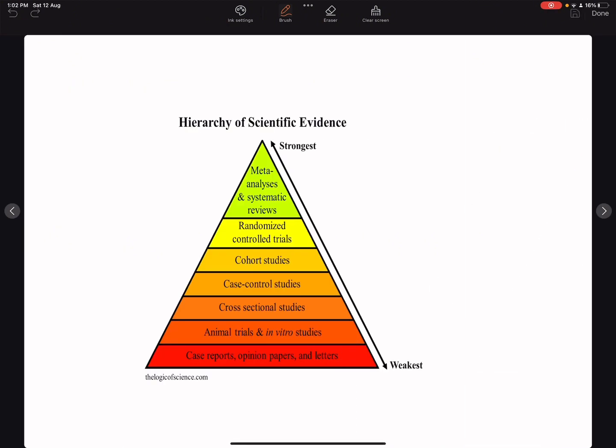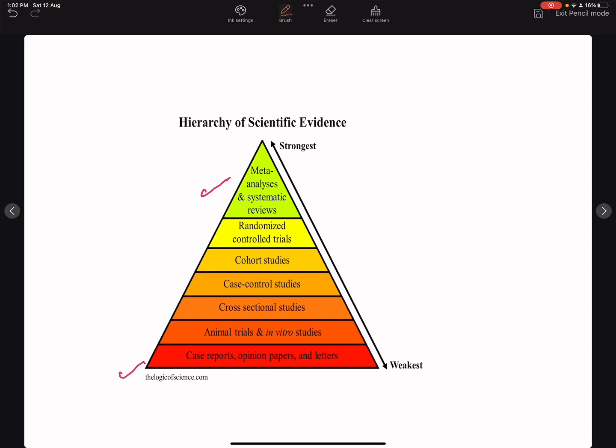Now let's shift to another important topic, which is study designs. In this hierarchy, you can see that on the top of the hierarchy we can find the meta-analysis, which is considered the best design of studies, while the base of the pyramid is showing the case reports, the opinion papers and letters.